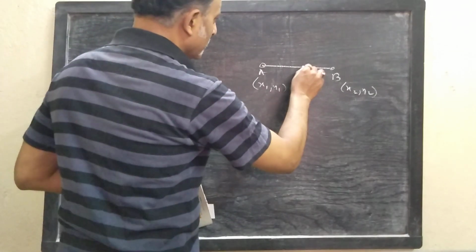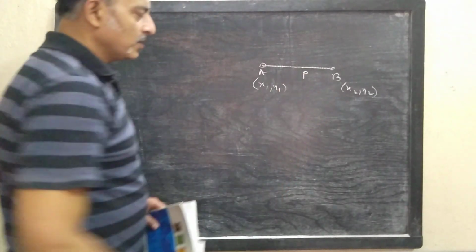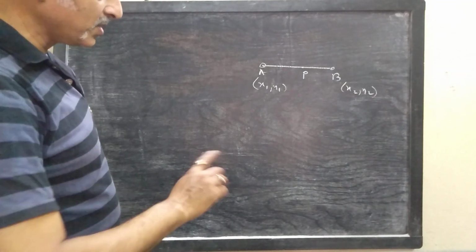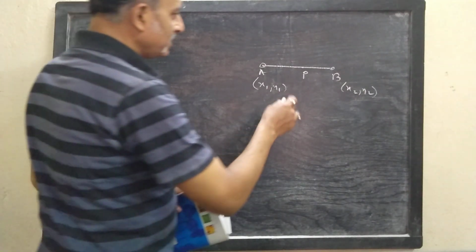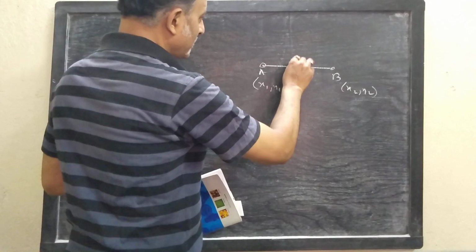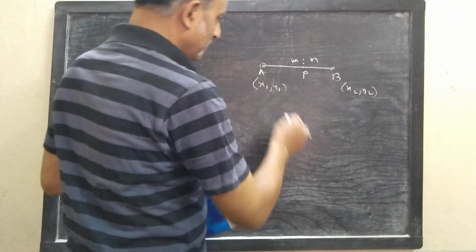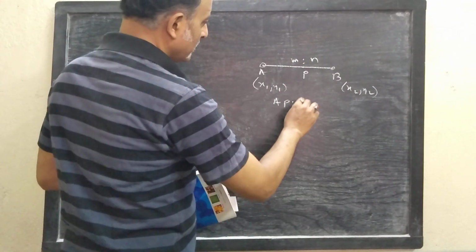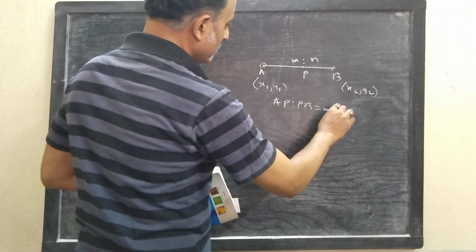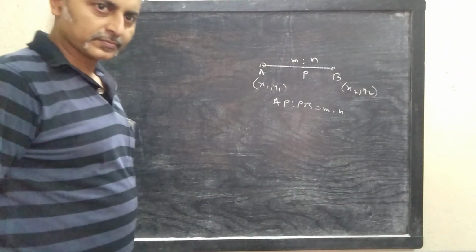Suppose P is a point lying on the line segment AB, that is between A and B, dividing line segment AB internally in the ratio m is to n. That means AP is to PB is m is to n.